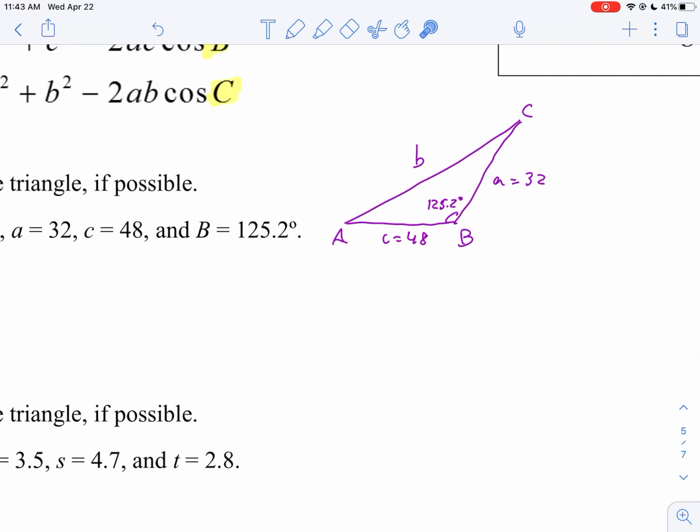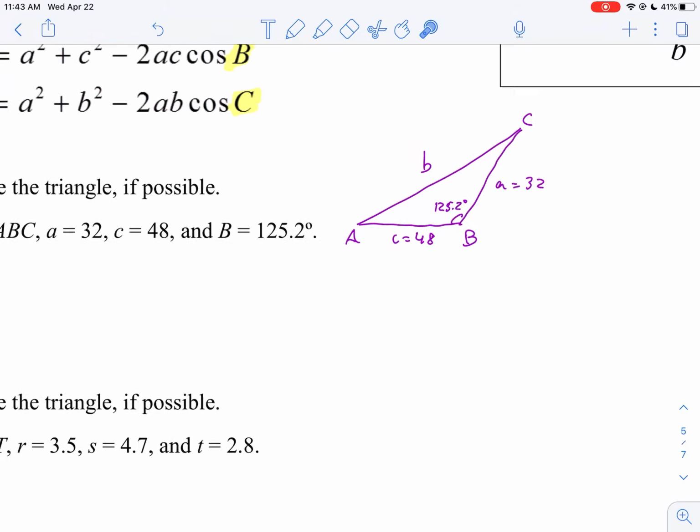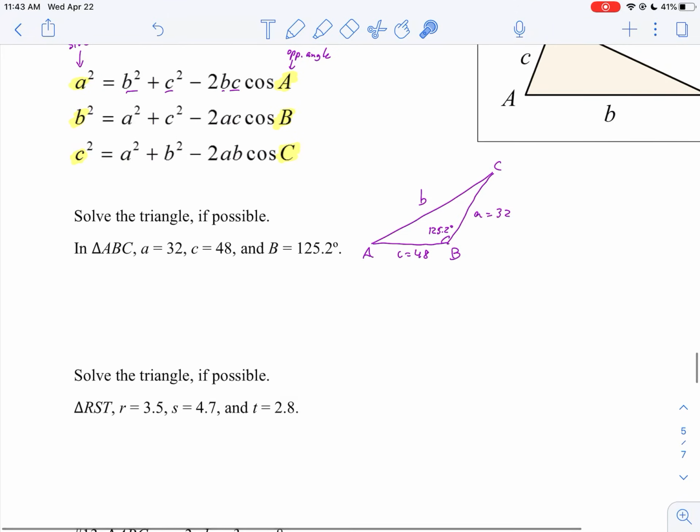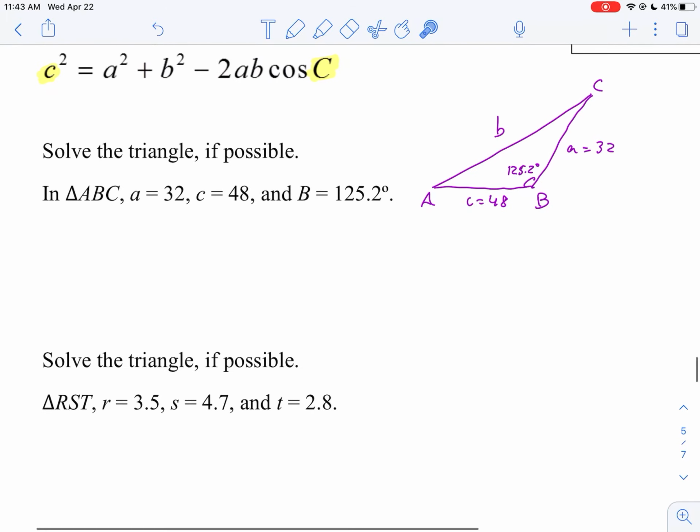Okay, we already looked at this. We already said law of sines isn't going to work, so we're going to have to use the law of cosines. Now, how do I set it up? What side do I put in and which angle do I put in? It's not going to matter. You can really pick any of them that you want. I don't want to solve for the others, so I'm going to put B on the left side.